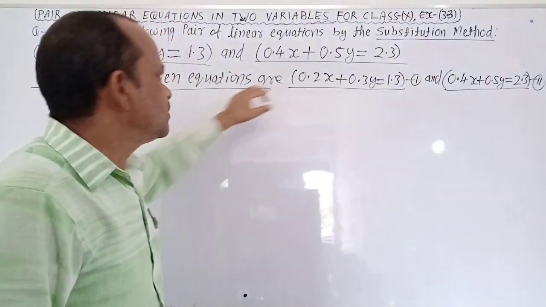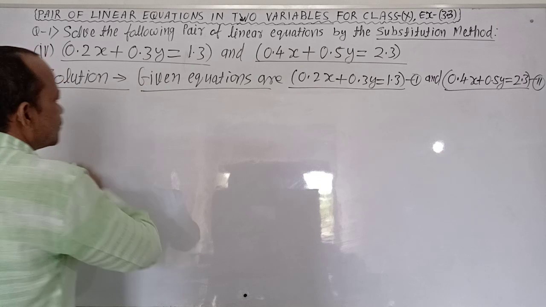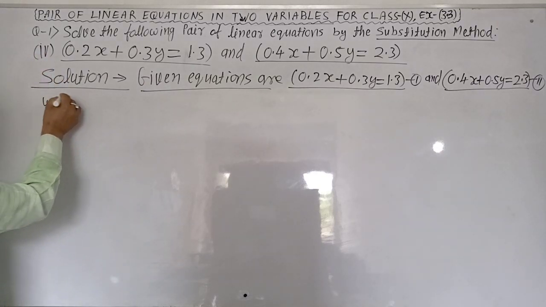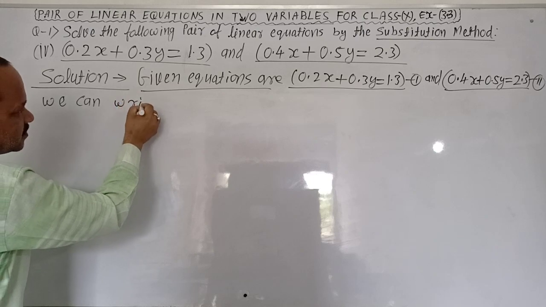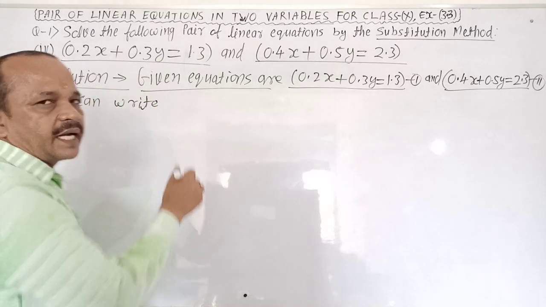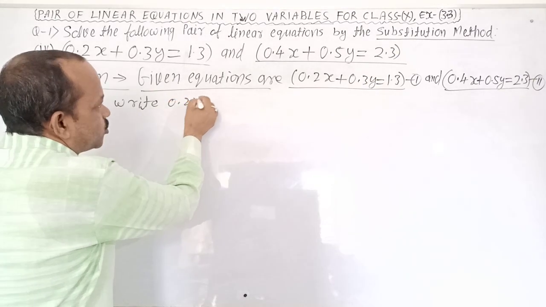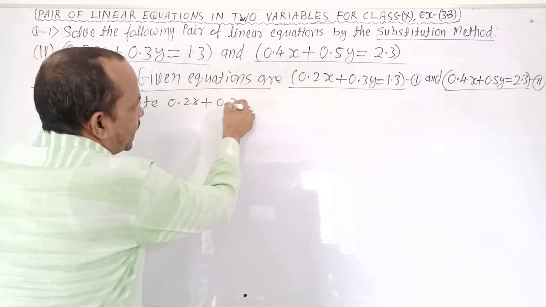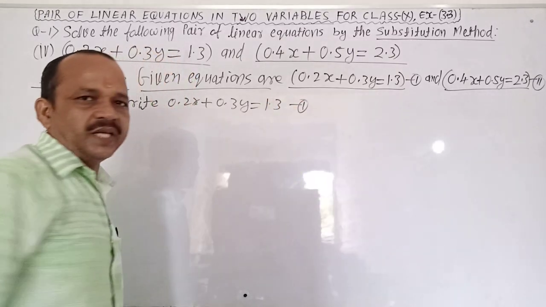Very good. We can write the given equation 0.2x plus 0.3y equal to 1.3, equation first.